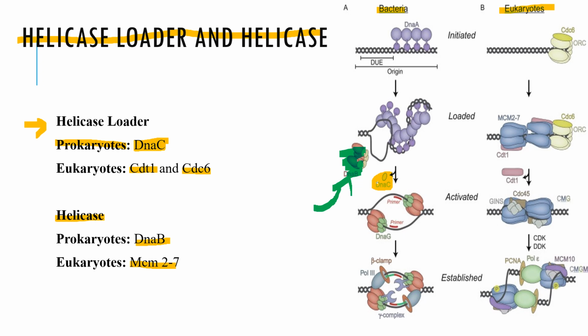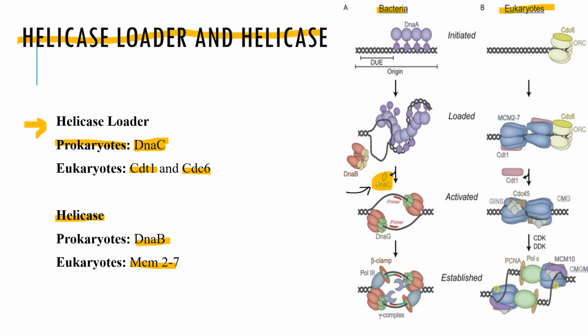So in this diagram, firstly there is a loading of the helicase loader, and after that there is a loading of helicase, because the helicase loader provides space for the loading of helicase.